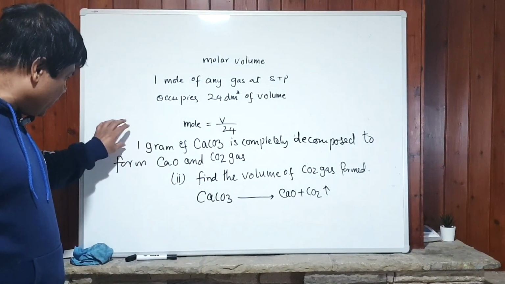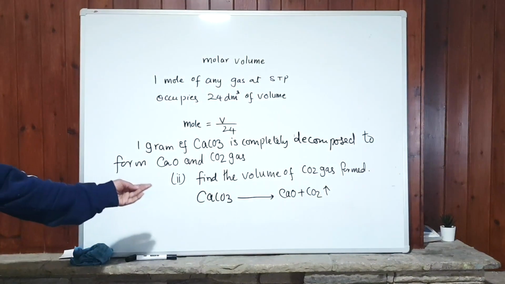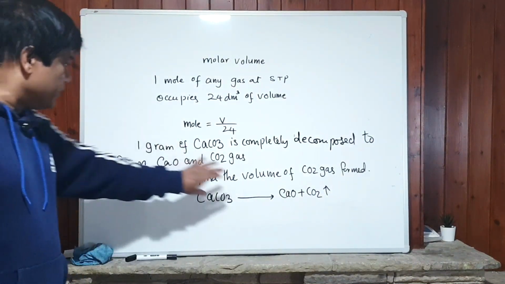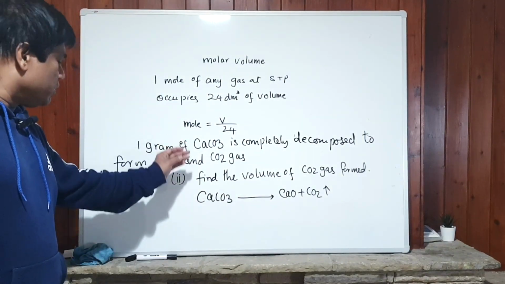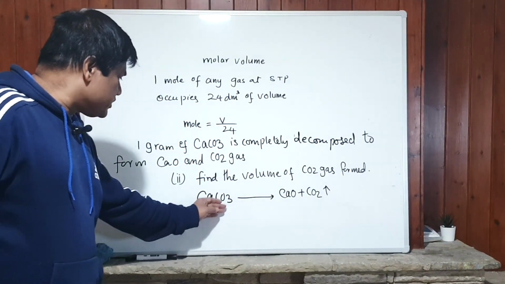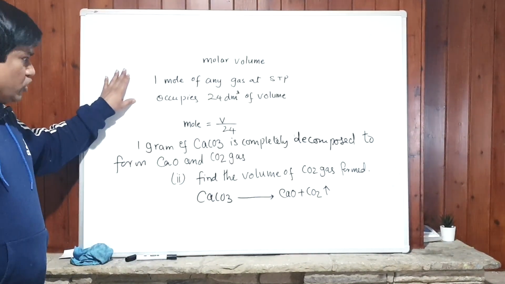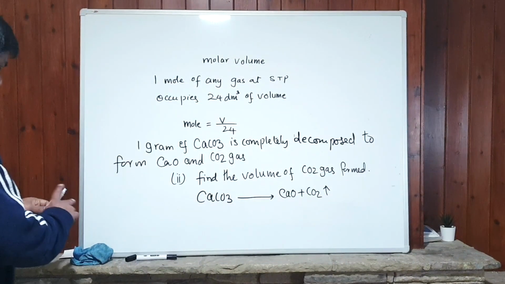You have to figure out the moles of calcium carbonate first, because the mass is given and there is no direct link between mass and volume. So the first thing is to work out the moles of calcium carbonate. Guys, please copy this down because I want to rub this out. Is that okay?